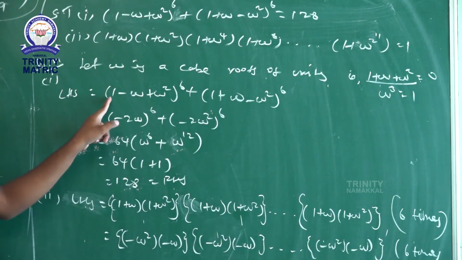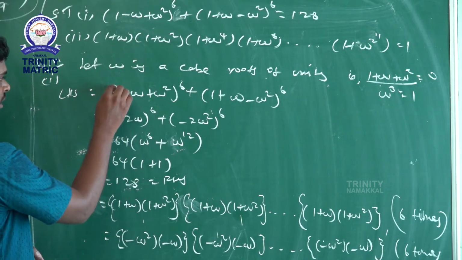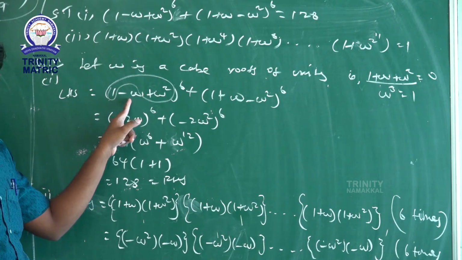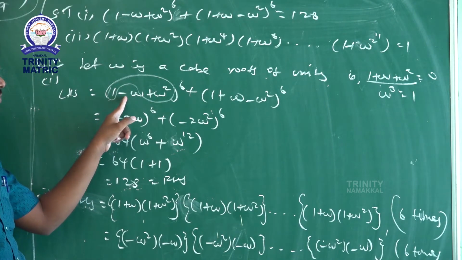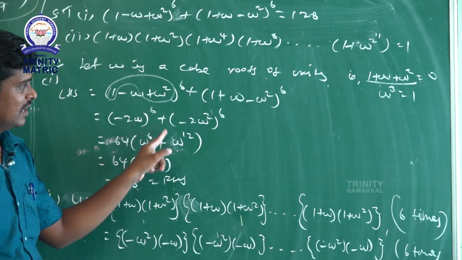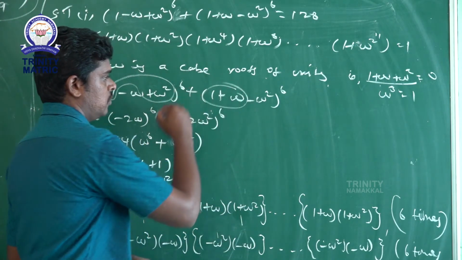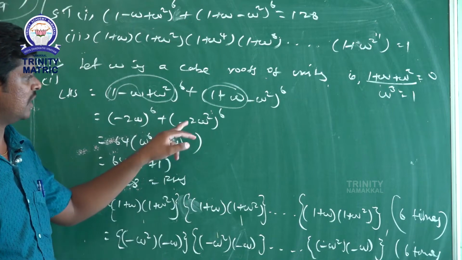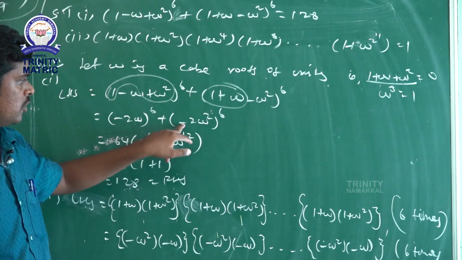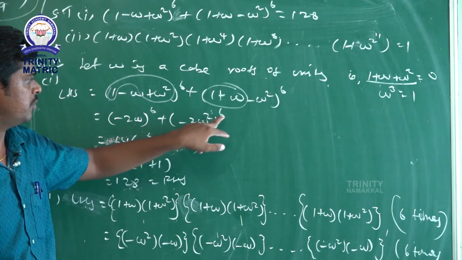So 1 plus omega squared can be changed to minus omega. Already here there is another minus omega, so minus omega minus omega is minus 2 omega whole power 6, plus here also 1 plus omega is changed to minus omega squared. Already minus omega squared is here, so total minus 2 omega squared whole power 6.